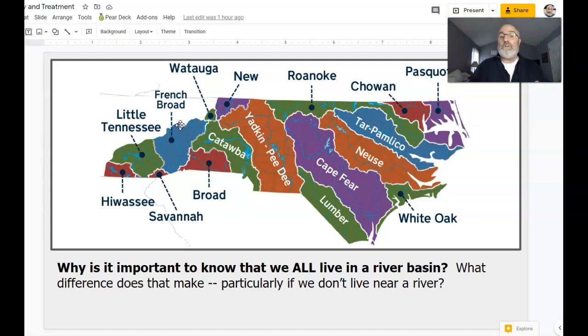What's important for you to do is figure out, well, which river system or river basin do you live in? Because it's your obligation to do your very best part to help keep that river basin and the waters that drain through your river basin clean and healthy for other people to drink when it runs downstream.